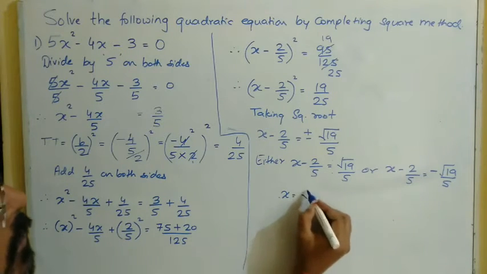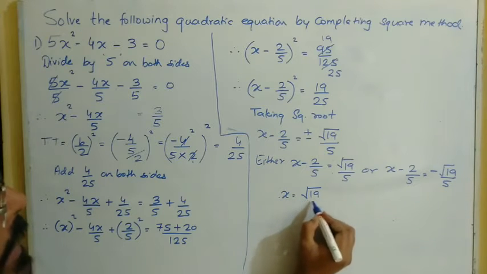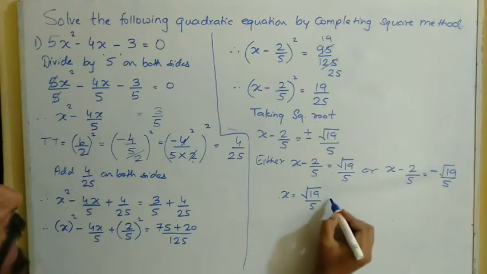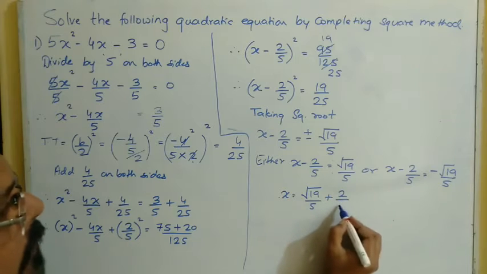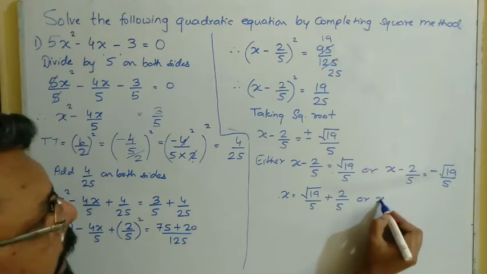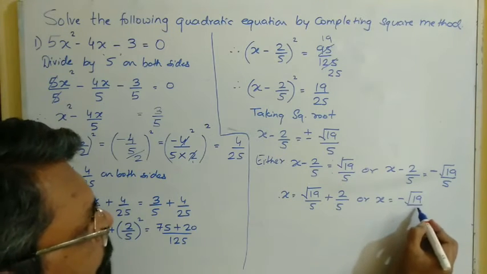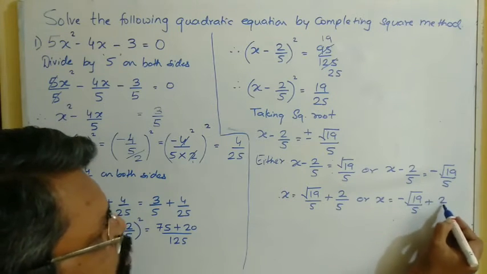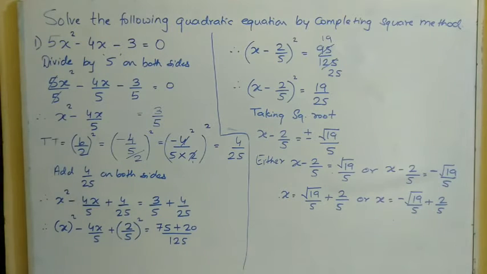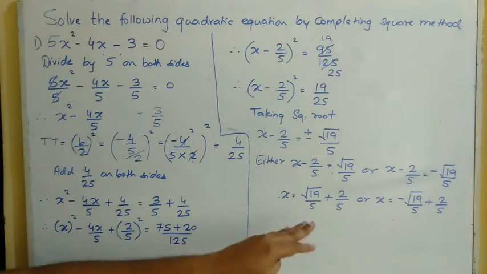x equals root 19 upon 5 plus 2 upon 5, or x equals minus root 19 upon 5 plus 2 upon 5. I can still further simplify it.